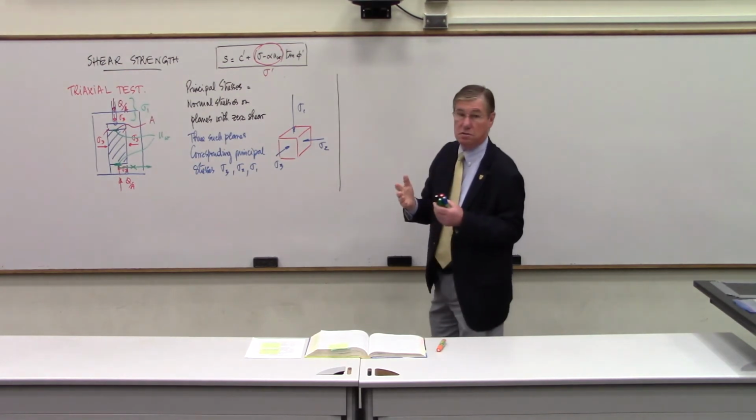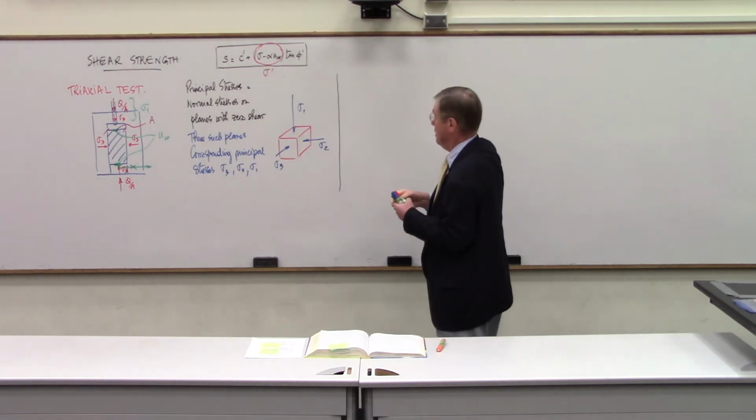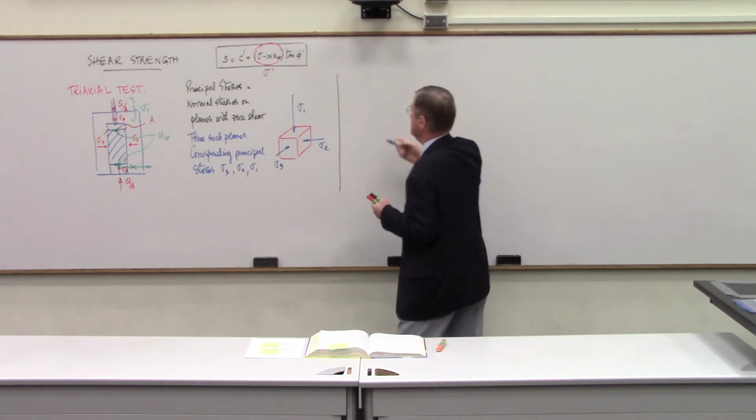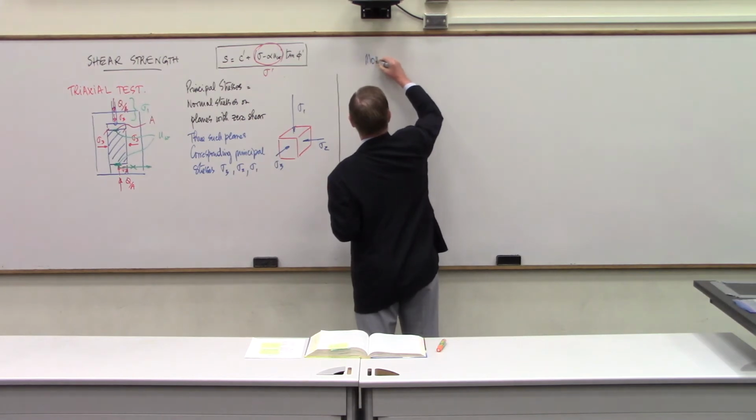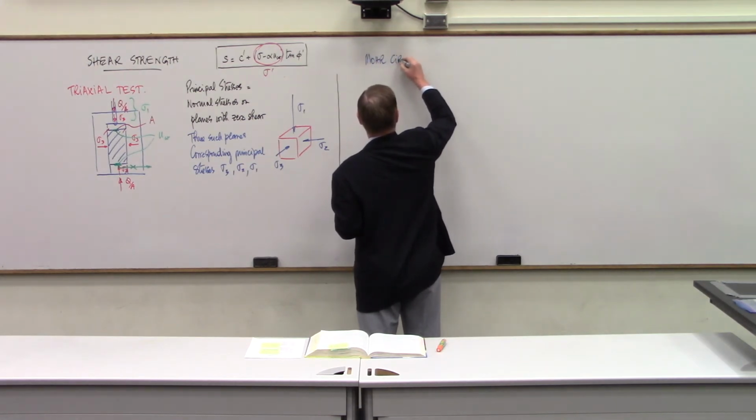We do this by Mohr circle analysis. So Mohr circle is what we're going to be talking about for the next while.